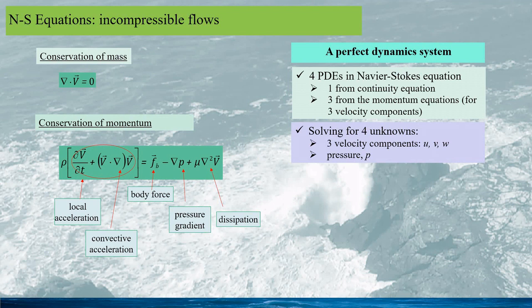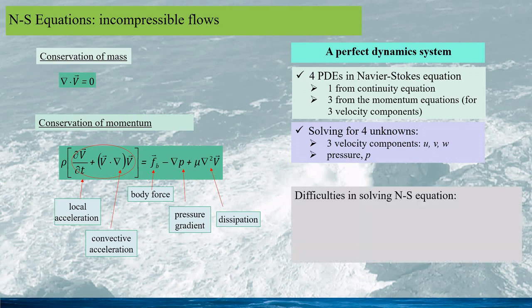There are three velocity components, u, v, and w, and the pressure, P. Therefore, the dynamic system for incompressible flow is perfect. However, solving the Navier-Stokes equation is proven to be too difficult, if not impossible, because they are nonlinear partial differential equations.